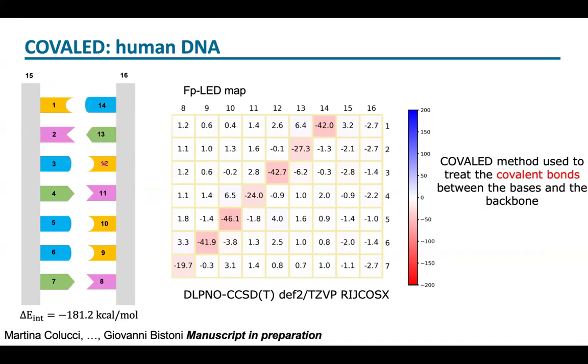And as expected, they are stronger for GC pairs than for AT pairs because, of course, GC pairs have one additional hydrogen bond. So you can see that thanks to the combined use of fragment pairwise LED and COVALED, now we have a way of estimating cleanly all the interactions operating in a complex chemical system, as I just demonstrated for the case of human DNA.